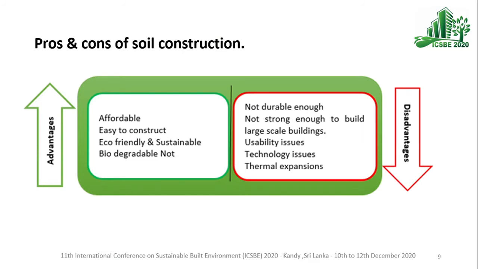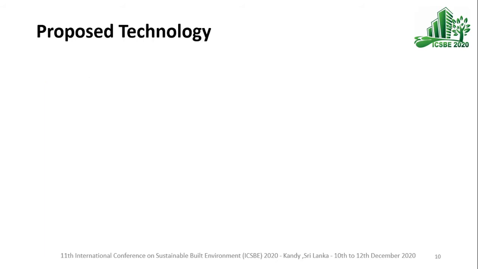These are the pros and cons of soil construction. Cons: not durable enough, not strong enough to build a large-scale building, usability issues, technology issues, thermal expansion. On the other hand, there are advantages: affordability, easy to construct, eco-friendly, sustainable, biodegradable. These were found from our literature survey.